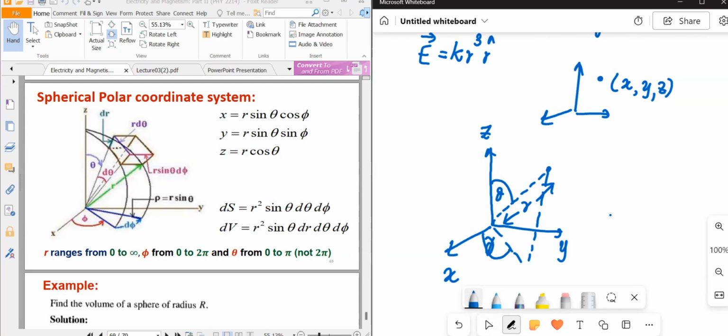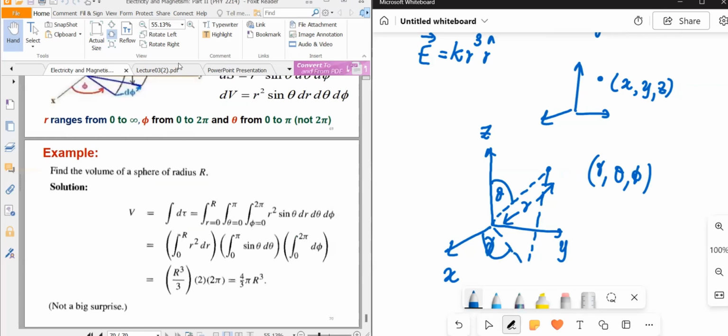So in Cartesian coordinates we use x, y, and z, and in a polar coordinate system we use r, theta, and psi. So there are two angles and one distance in a polar coordinate system.